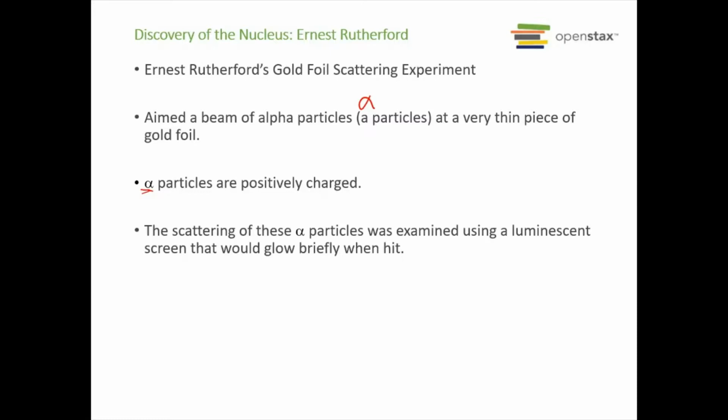And what he should have seen, if the plum pudding model were true, was that they would all go straight through the foil and go straight to the detector. There wouldn't be any scattering. However, there was some scattering, and he noticed the screen that was surrounding his setup would glow very briefly when it was hit.